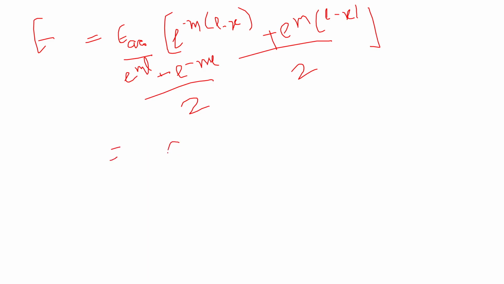Okay, if I do that, finally, this is to simplify it. Okay, EAC naught now is HM L minus X.